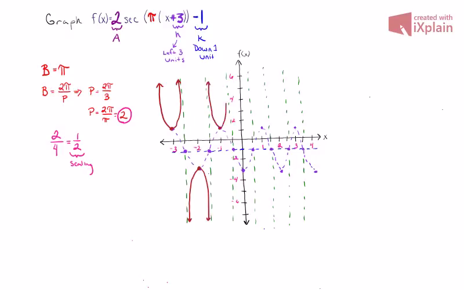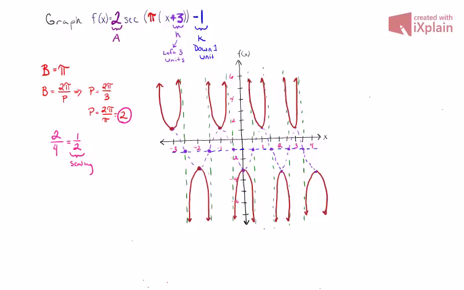This one produces the U, lowercase n, the U, and they're just hugging the sides of the asymptotes. All right, and there you have it. That is our rough sketch of our secant that's been transformed 3 units to the left.